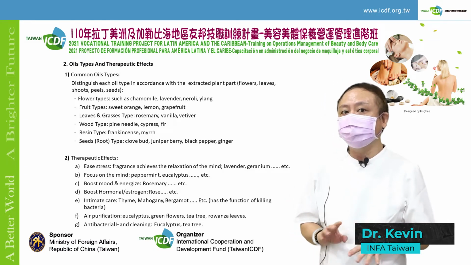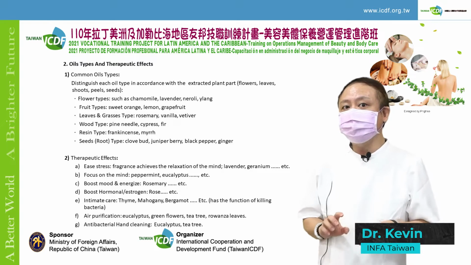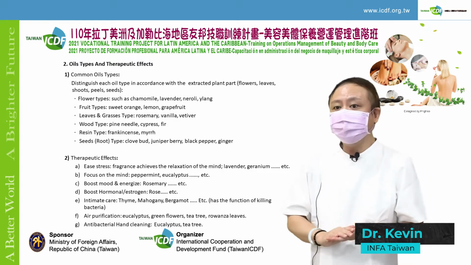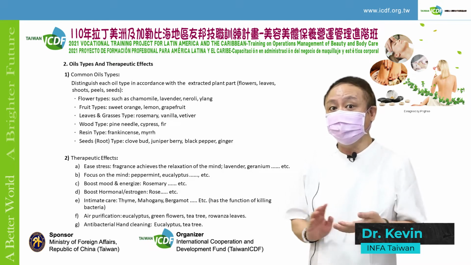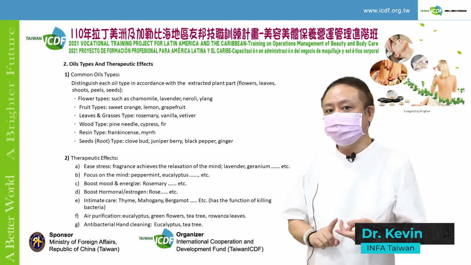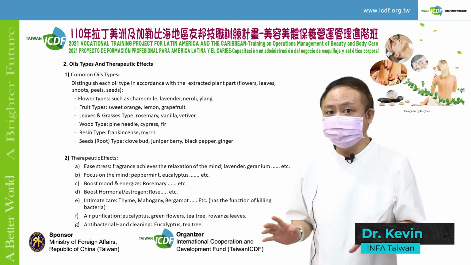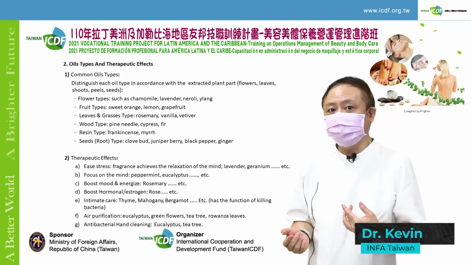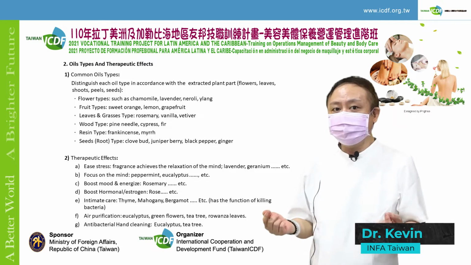It's even better than alcohol because alcohol is a chemical after all and it'll dry out our skin. So if we use natural or more organic products, for instance, tea tree and eucalyptus oil, it will also protect our skin aside from protecting us from bacteria and viruses.